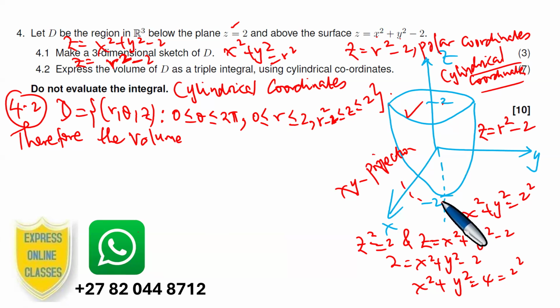Okay. So now you need to express the volume of D as a triple integral. The equation of this is x squared plus y squared minus 2, but x squared plus y squared is r squared, because this is the equation of a circle, so that z is r squared minus 2. This is the equation.